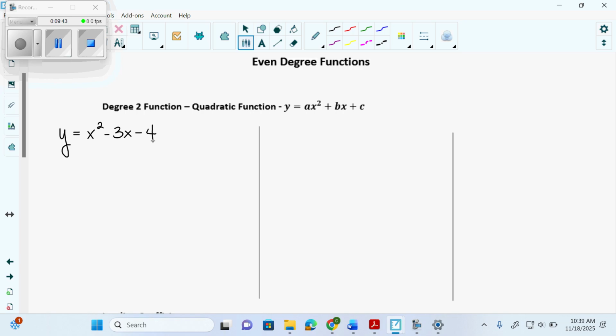Type it into your calculator. Go. Okay. So let's discuss this one.